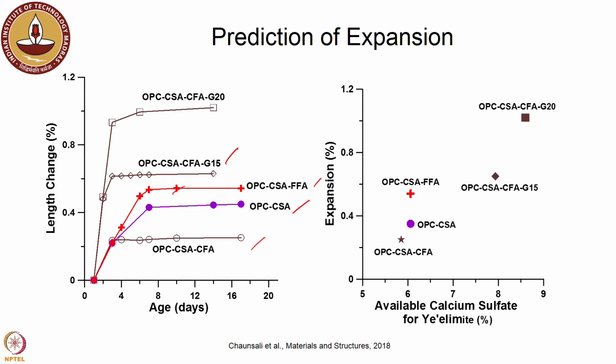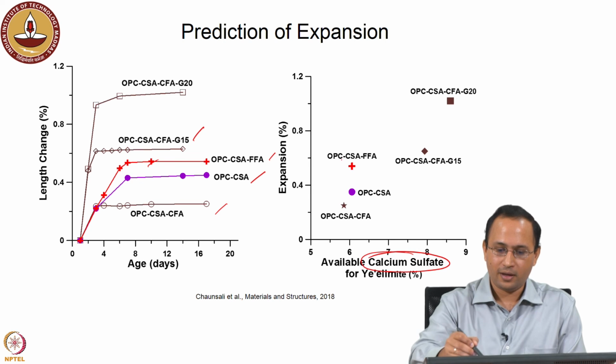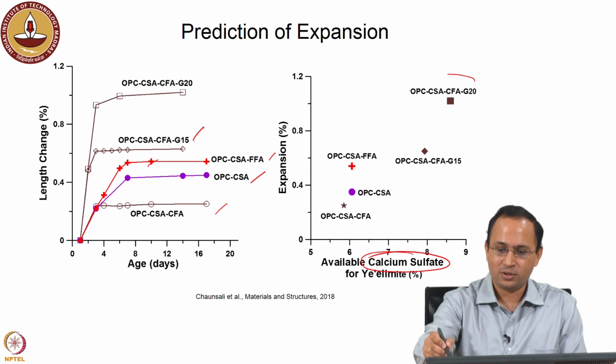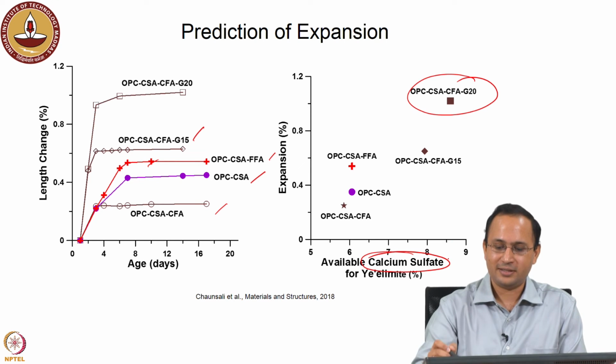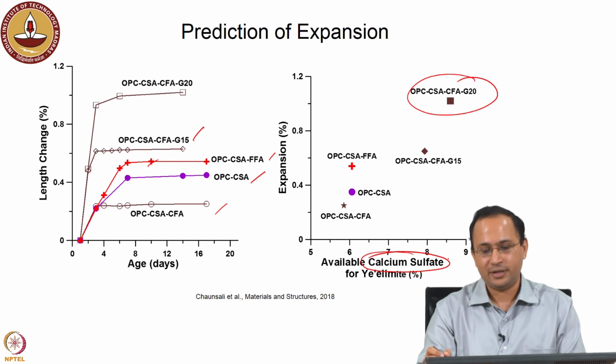And when we try to calculate the available calcium sulfate, we can calculate that based on the stoichiometry. We can calculate how much calcium sulfate is available for the hydration of yeelimite. And we saw that it was very interesting that there was a very nice correlation. So, the system which expanded most, as you see, had the highest amount of calcium sulfate available for yeelimite.